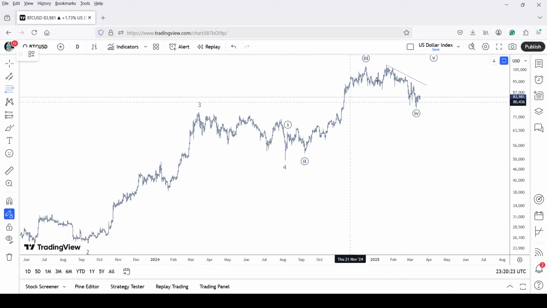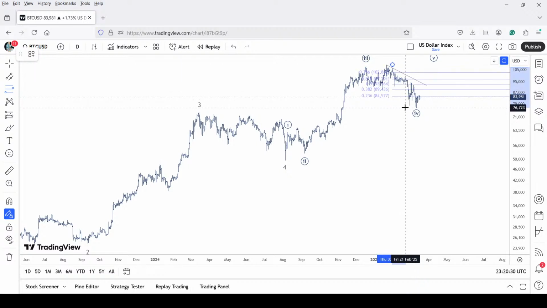The reason to book profits was to take it partially, but since that's not possible, we would recommend you take partial profits, and we will allow ourselves some room to sell higher around the 93 mark. All right.